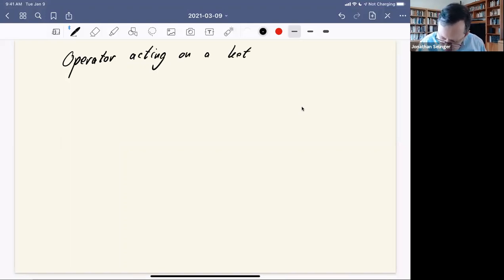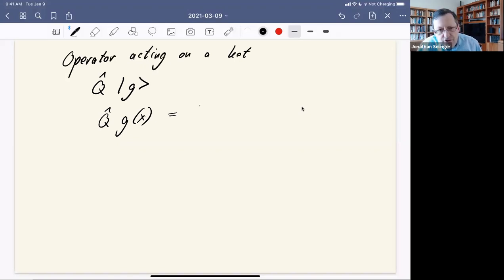Okay, so that would be something like Q acting on a ket G. Well, we know what operators do to functions, right? Operators on functions produce other functions, like that.